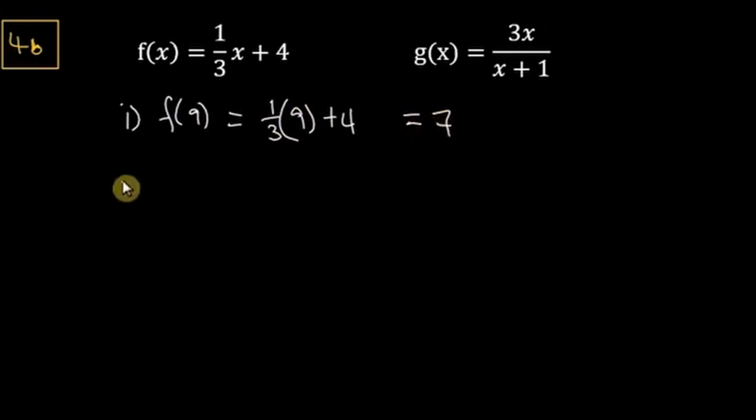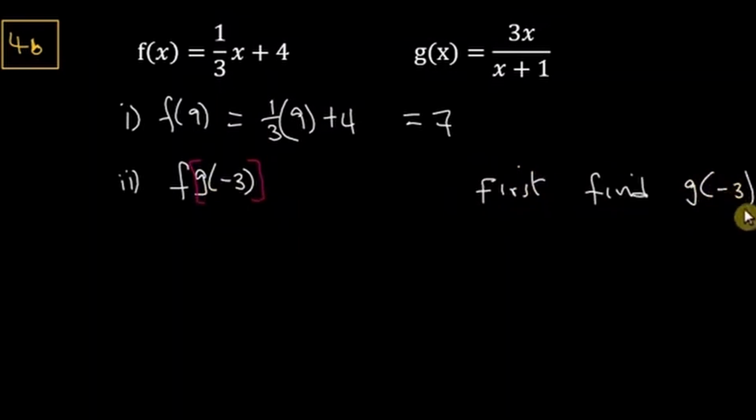Part 2 is asking us to find the value of f of g of negative 3. Now, all we're doing is finding f of what is inside the bracket, which is g of negative 3. So first, find g of negative 3. We're going to use the function g of x, and replace x with negative 3.